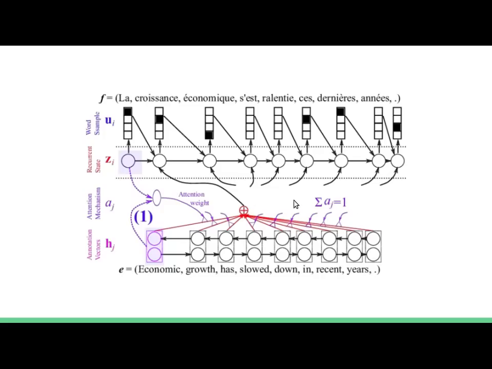I'm not sure. But yeah, the attention system here, if we visualize it, so we have an encoder representation of a word. We add that to a little neural network here, which is the attention neural network, which also takes the previous decoder state, the cell state here, as an input.